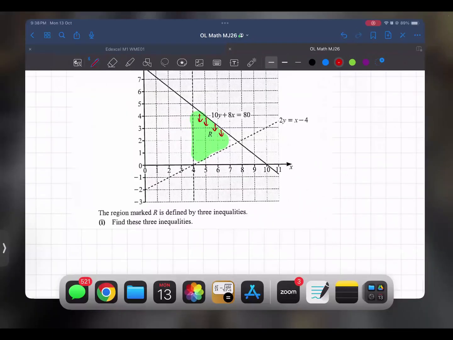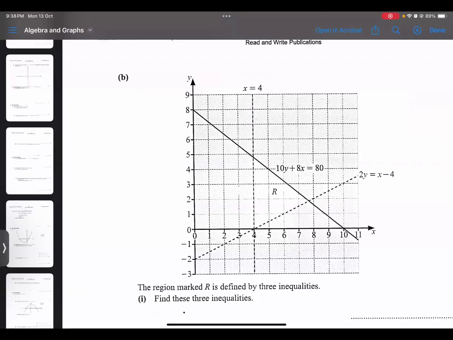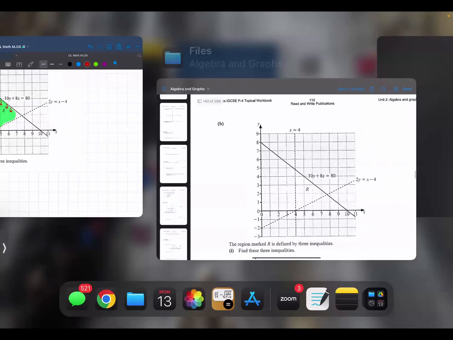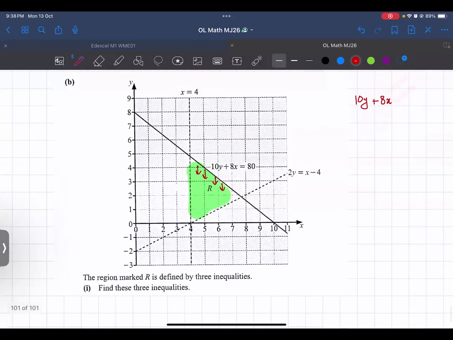There's a misprinting in this page, I think it's a scan, so that's why it might be. Otherwise, this would be shaded. In the exam, it would be properly shaded. So it is below. You can see it is below the line. So it would be less than or equal to y because this line is solid. So less than or equal to.